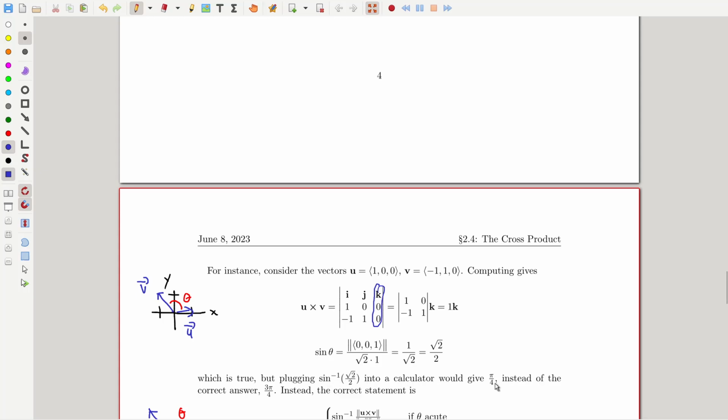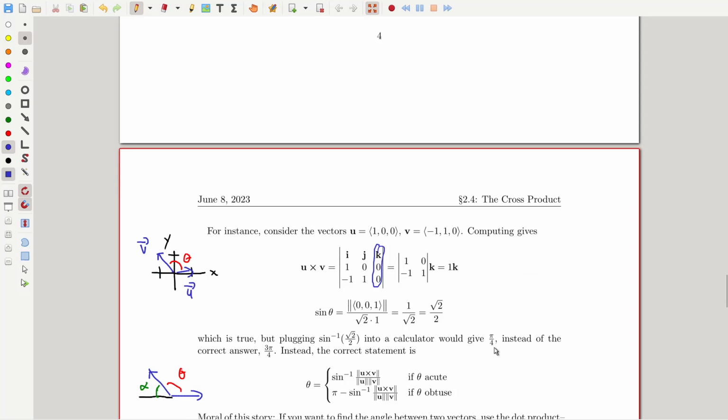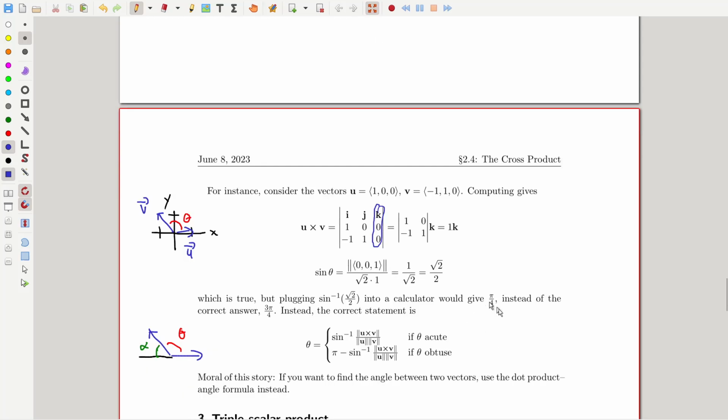It will give you back the value pi over 4, and that is not the right answer. So the problem is that for when your angle is obtuse, this expression, this inverse sine of this fraction, ends up measuring the supplementary angle to the actual angle that we want, this angle over here, instead of the angle that is created from the two vectors.